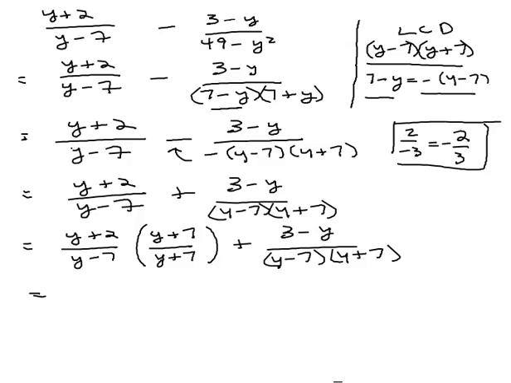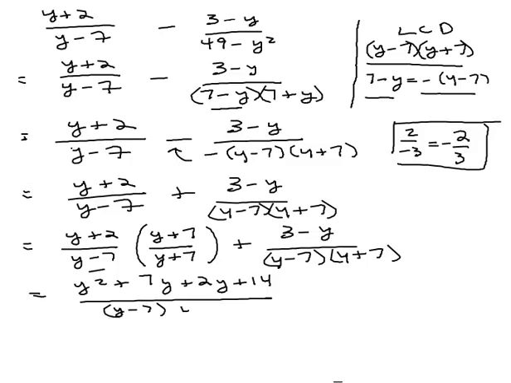Remember this quotient here, (y + 2)/(y − 7). That's really a single term, which means when we're multiplying, that has to distribute. We get y² + 7y + 2y + 14 over (y − 7)(y + 7), plus (3 − y) over (y − 7)(y + 7).